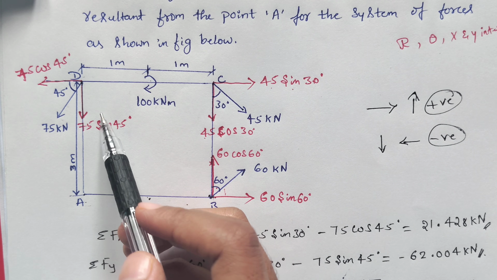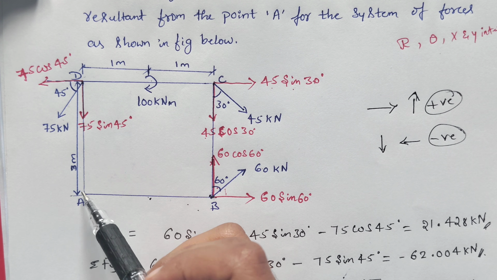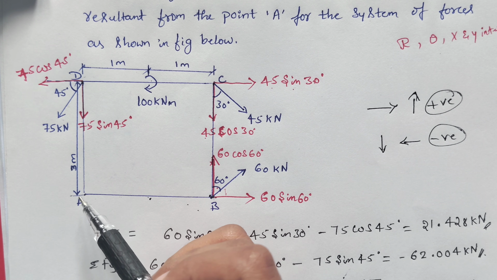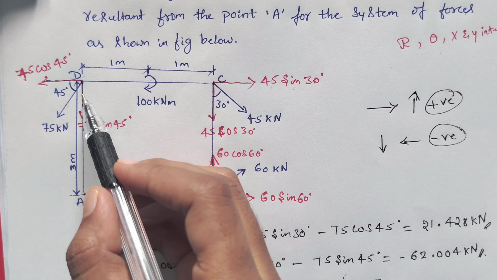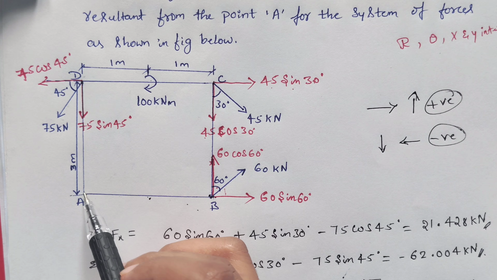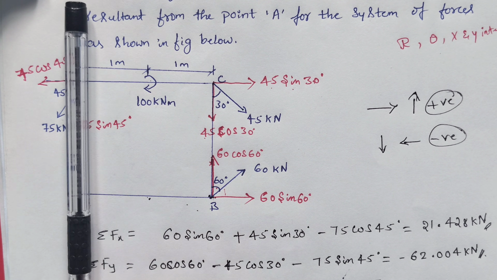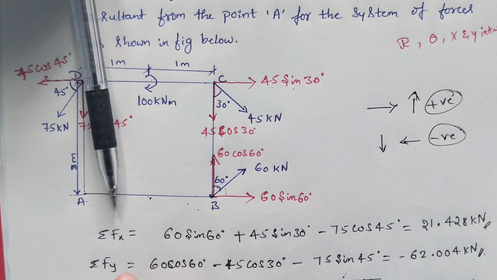This is acting on the point A itself. So this is acting on the same point, that is, we don't see any perpendicular distance here. The force is like this.